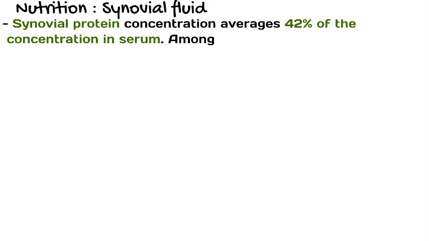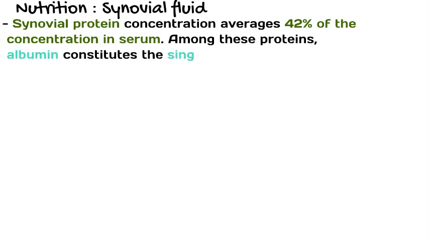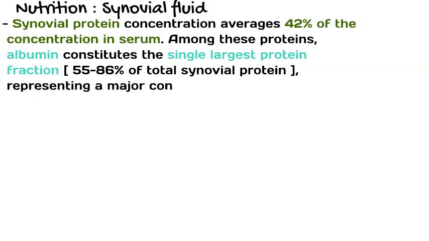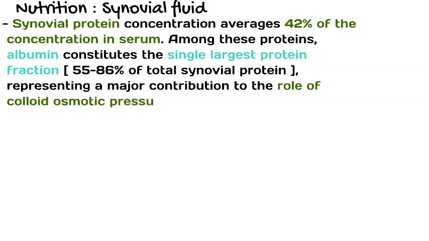Among these proteins, albumin constitutes the single largest protein fraction, about 55 to 86% of total synovial protein, representing a major contribution to the role of colloid osmotic pressure and other physiological function.